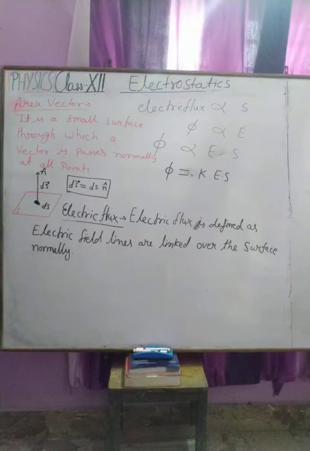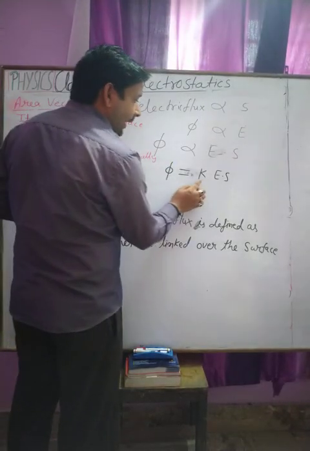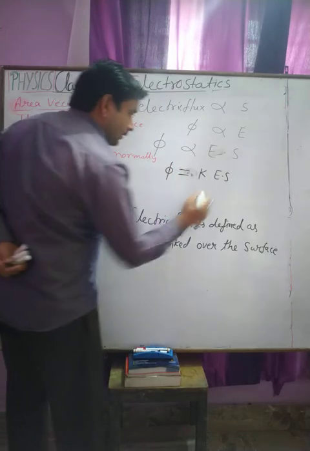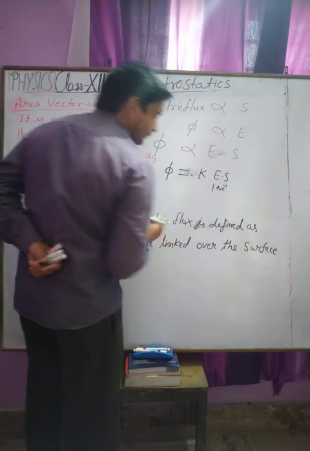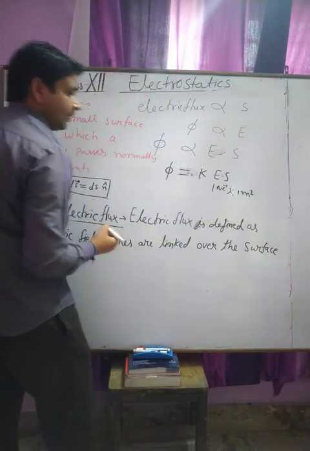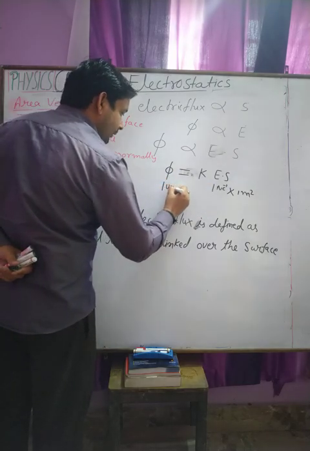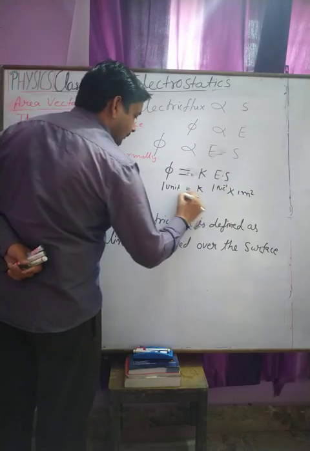Okay, student. Now, for eliminating this K, if the electric field of 1 Newton per coulomb passes through 1 meter square area, then the flux linked with the surface becomes 1 unit, which is equal to K. So this K becomes 1.